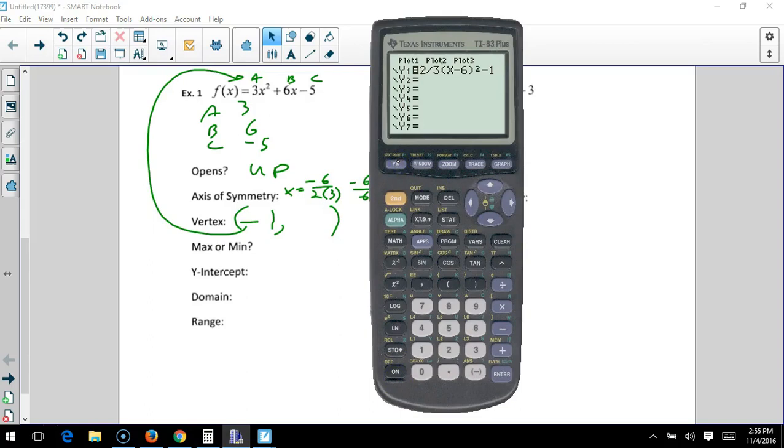So, 3x squared plus 6x minus 5. We look at the table and we look for negative 1. And there it is, negative 8. Okay? So negative 1, negative 8 is our vertex.